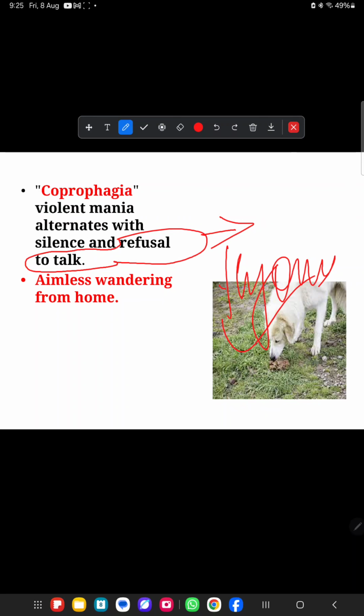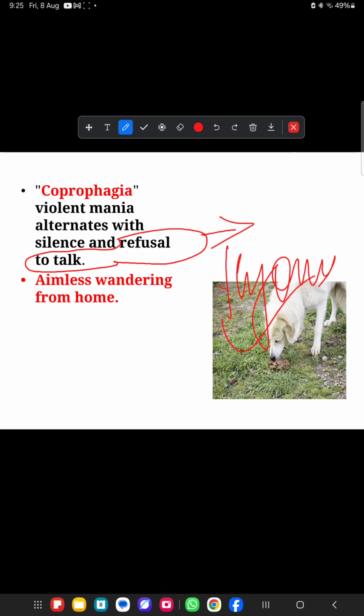Sometimes this patient roams here and there in the home without any aim, intention, target, or destination. We can correlate this with another medicine.